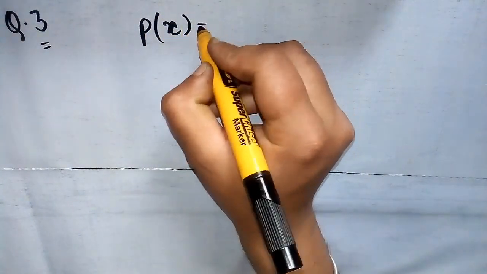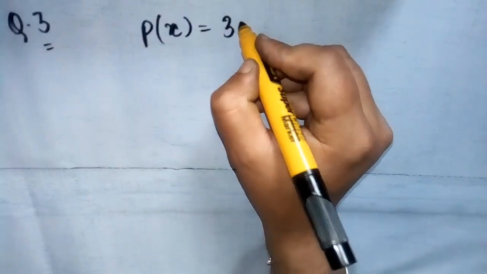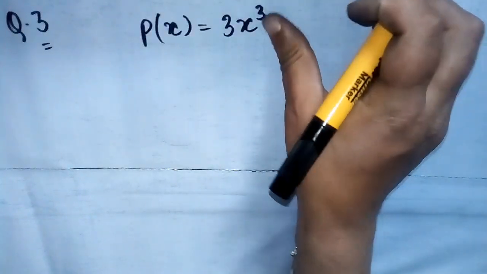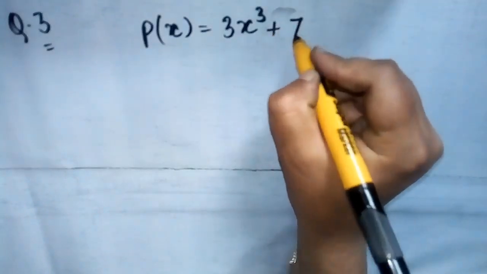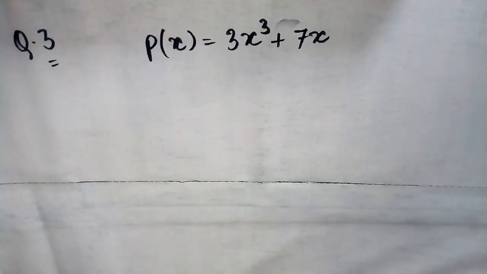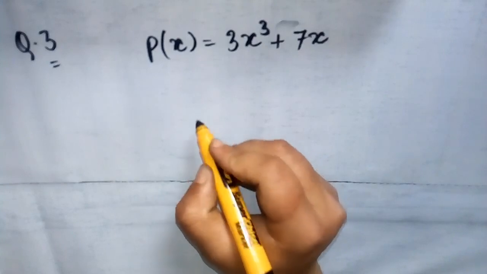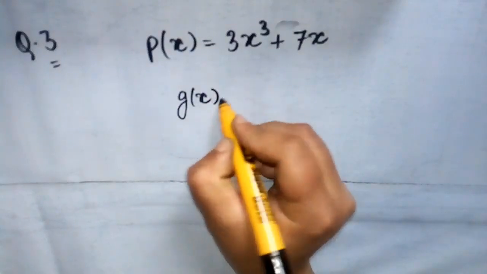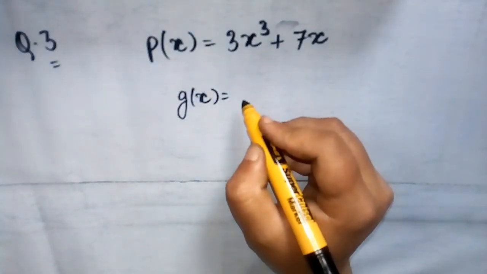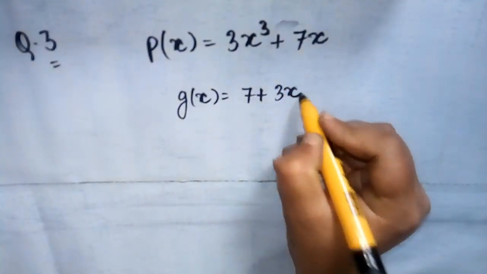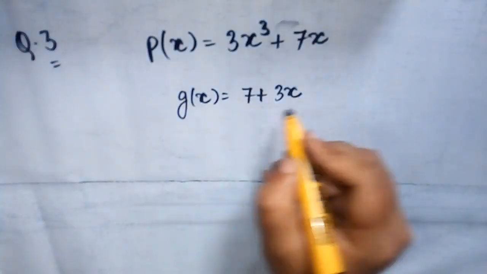So take p(x) equals 3x cube plus 7x, which was your dividend, and you know we have to check whether the second polynomial, that was g(x) equals 7 plus 3x, is a factor of p(x) or not.